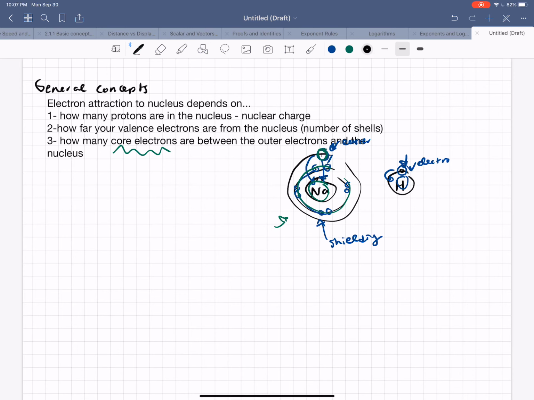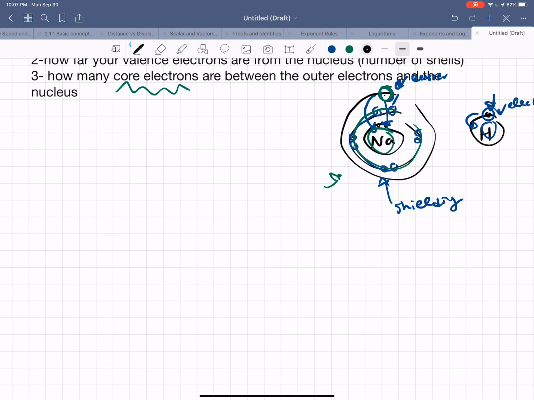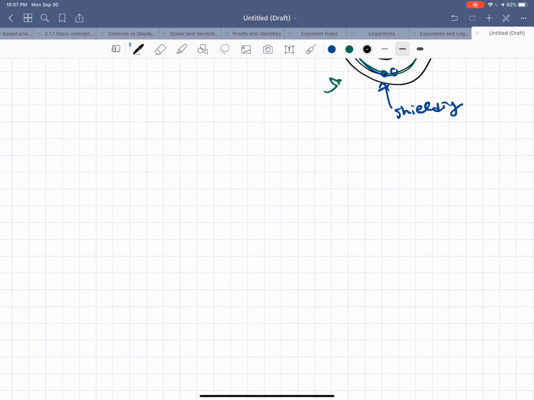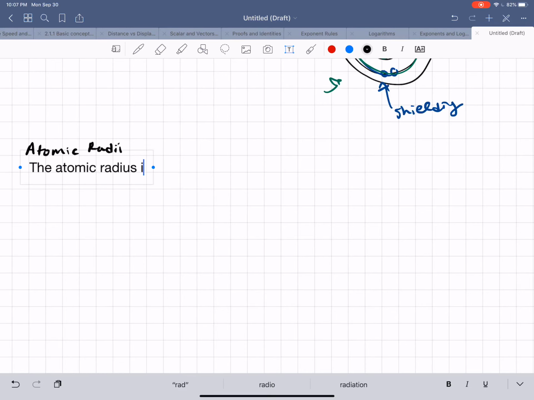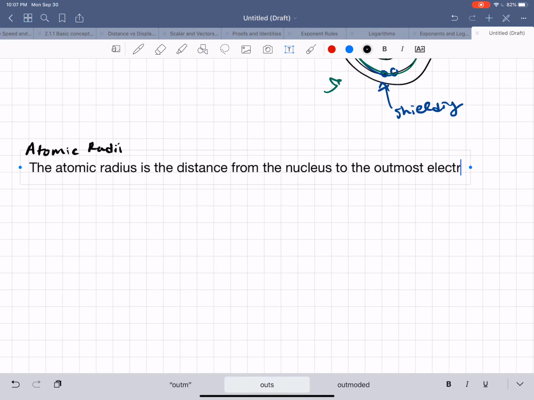Moving on to atomic radii. There's also a couple of things you'll want to remember moving into atomic radii. The first thing is the atomic radius is the distance from the nucleus to the outermost electron.